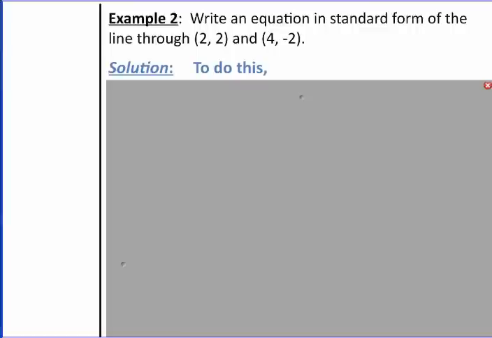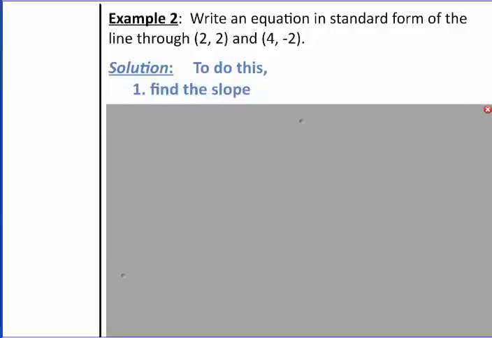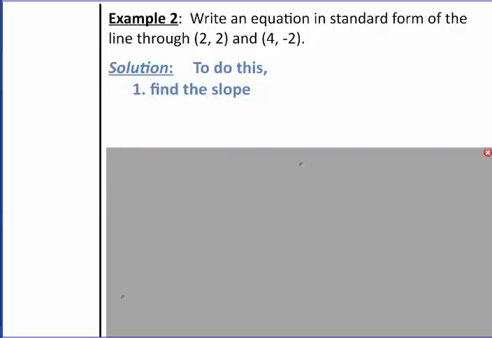Next, example 2. We're going to write an equation in standard form of the line that goes through the point (2, 2) and the point (4, -2). To do this, we have to first find the slope. The slope is y2 minus y1 over x2 minus x1. Remember the subscripts, the 2 and the 1, are just to identify that those are 2 different x's and 2 different y's.